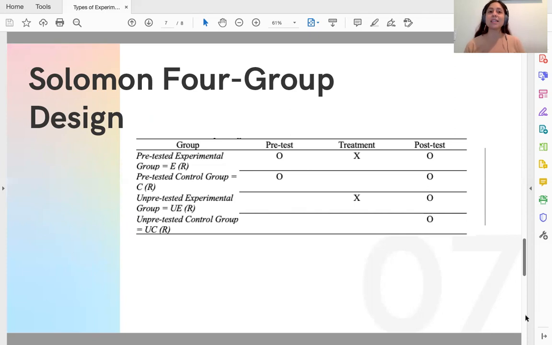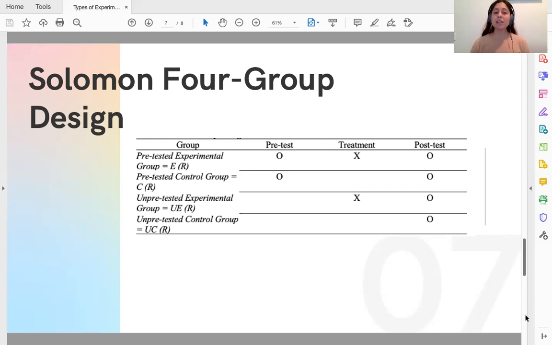And so this design is going to overcome issues with external validity in the former design because the pre-testing is not going to sensitize this second unpretested experimental group to the post-test or to the intervention. And so this is going to offset that weakness and would be our strongest form of experiment.